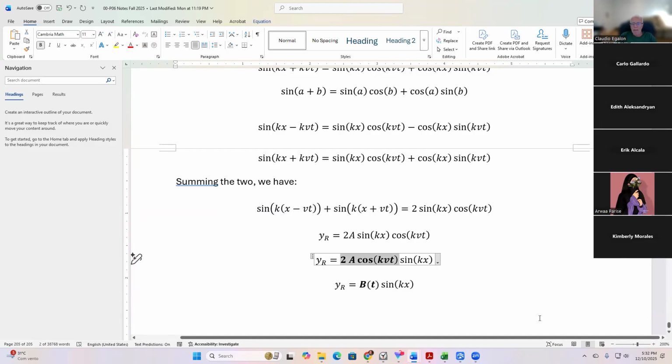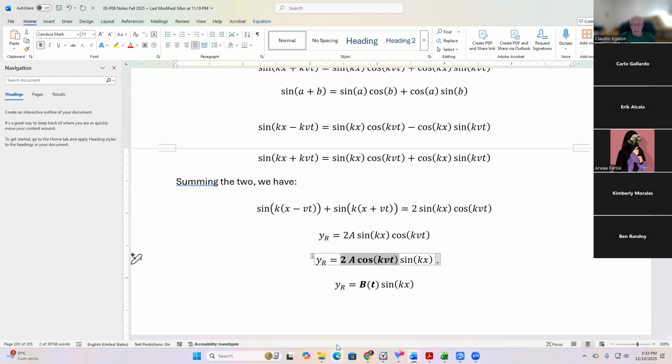See here? That's what it's all about. This term that you see here is something that oscillates as time goes by. It achieves a positive amplitude 2a, and a negative one, oscillating between plus 2a and minus 2a.